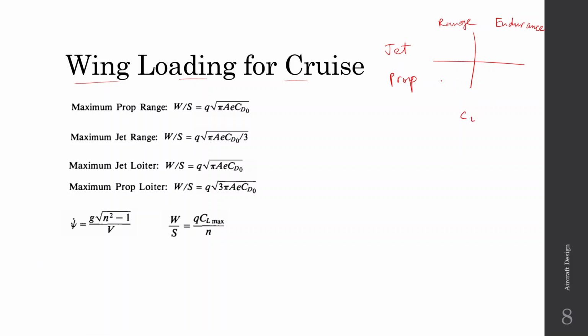So CL will be CD naught by K. For maximum jet range, it has to be CD naught by 3K. For jet maximum loiter, it will be CD naught by K. And for propeller and maximum endurance, it will be 3 CD naught by K. Okay, so this is the table.